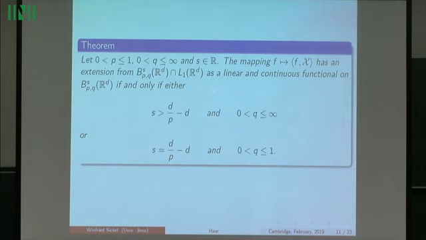If p is less than 1, then the mapping which sends f to this bracket has an extension from the intersection of B^s_{p,q} with L1 as a linear and continuous functional on B^s_{p,q} if and only if these conditions here are satisfied, and those are exactly the conditions characterizing the embedding of B^s_{p,q} into L1.